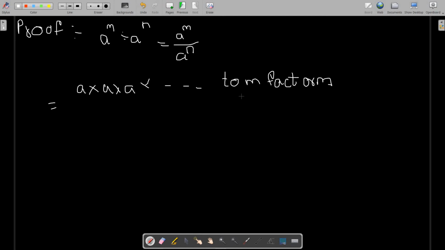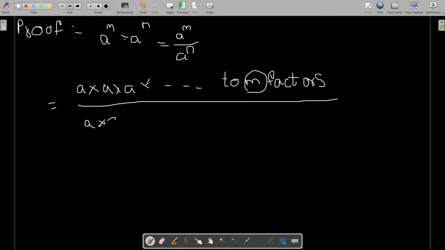So that many times we should write here, a power m, in the numerator. And coming to the denominator, a into a into a, n times. I mean n factors.